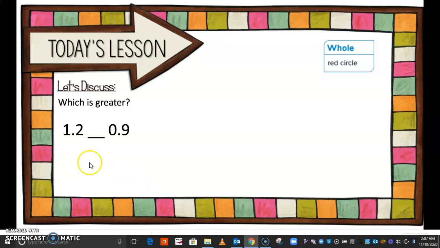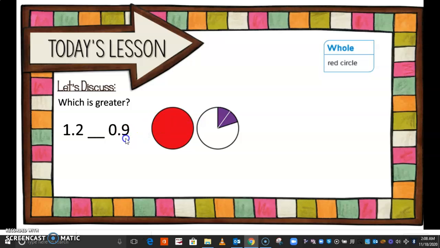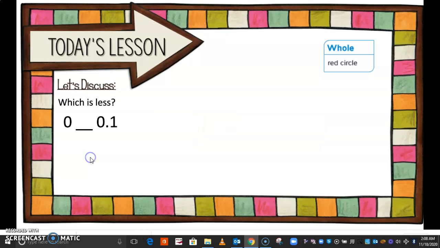Try this one. Which one's greater here? We have 1 whole and 2/10. 1 whole and 2/10. And then on this side, we have just 9/10. Okay, right here. So which one's more? The 1 and 2/10. Ooh, try this one. Which one's less? 0 or 0.1?